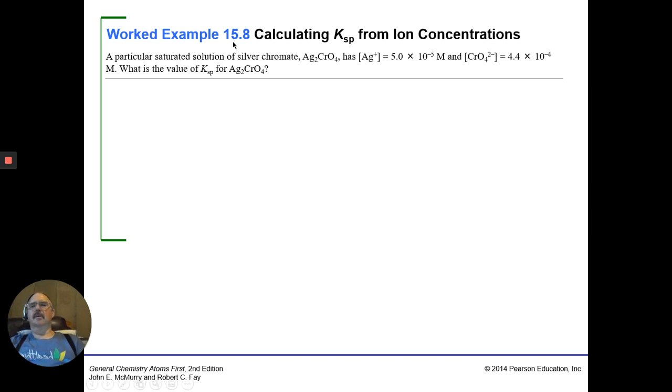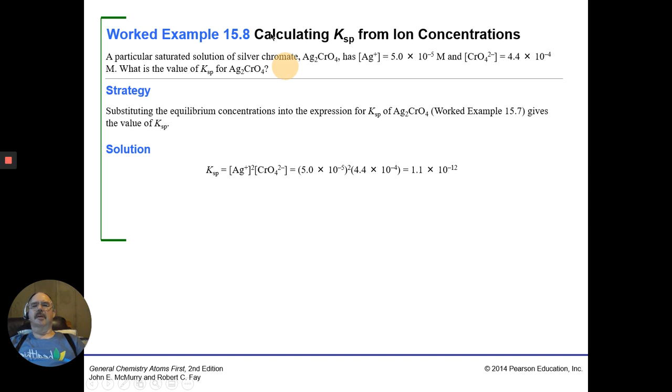All right, the next question involves a particular saturated solution of silver chromate and has a silver ion concentration of 5 × 10⁻⁵ and a chromate concentration of 4.4 × 10⁻⁴. What is the KSP?